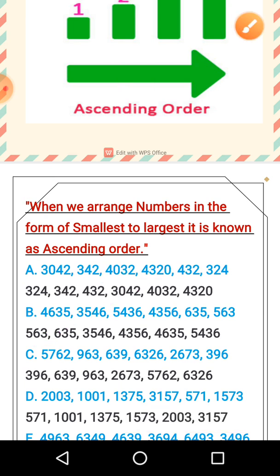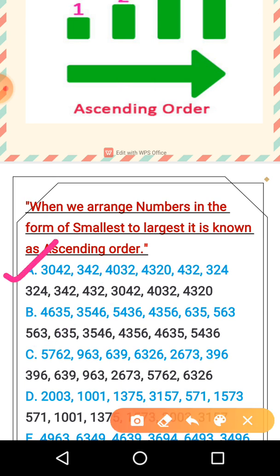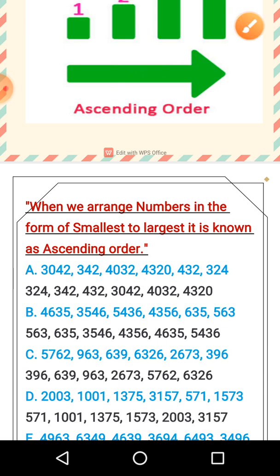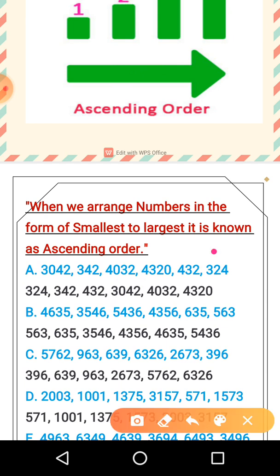Okay, so let's start with question A, that is 3042, 342, 4032, 4320, 432 and 324. Like we discussed, we have to arrange all these numbers from smallest to largest. So the smallest number among all these numbers is 324.